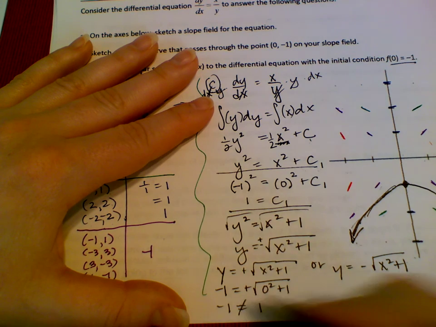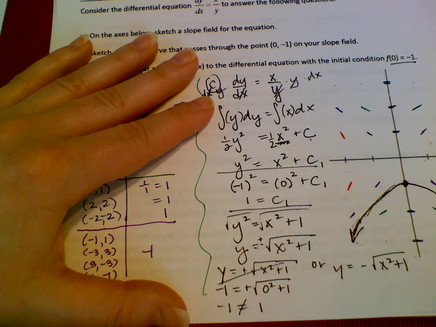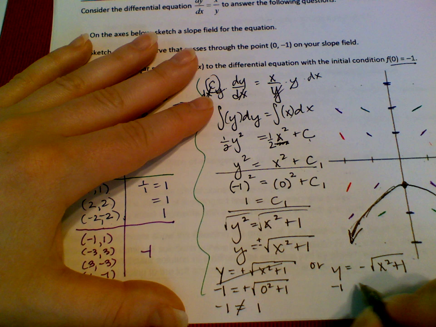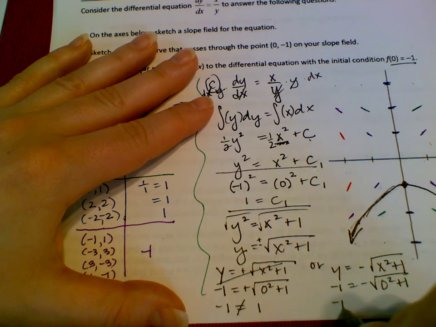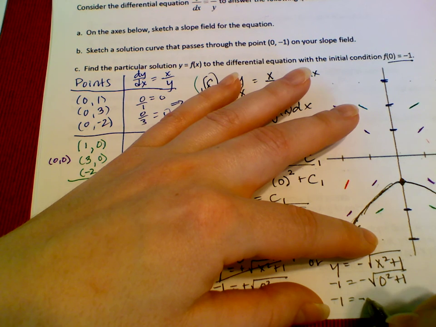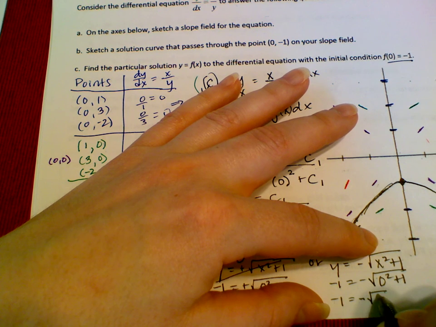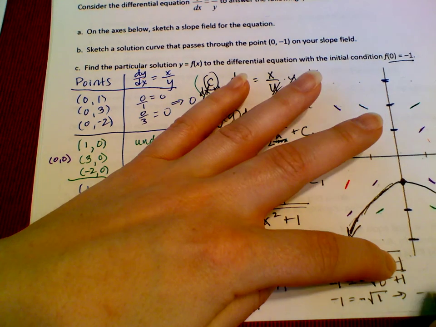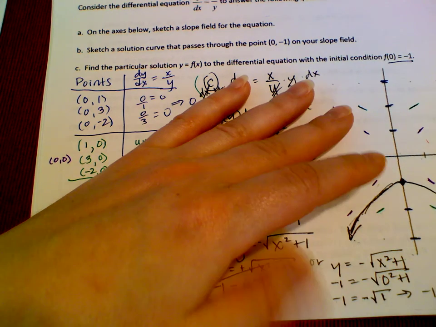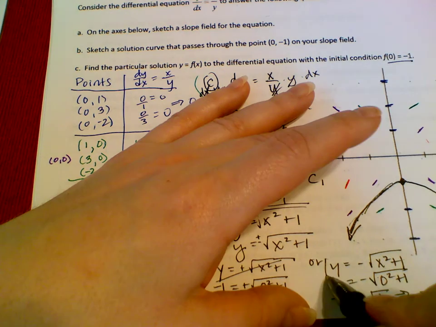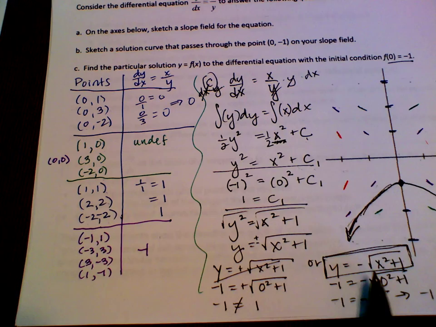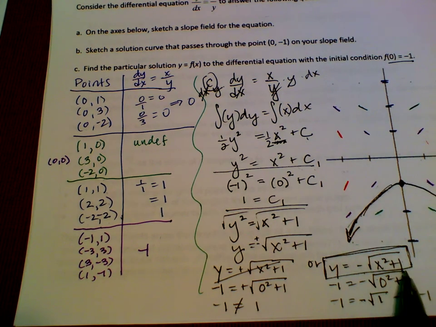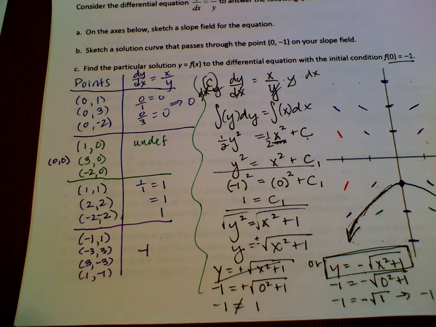Well, those aren't equal, so that can't be it. If I plug in negative 1 here and 0 for x, I get negative 1 equals negative times the square root of 1, which gives me negative 1 equals negative 1. So that works. So my particular solution here is y equals negative square root of x squared plus 1.